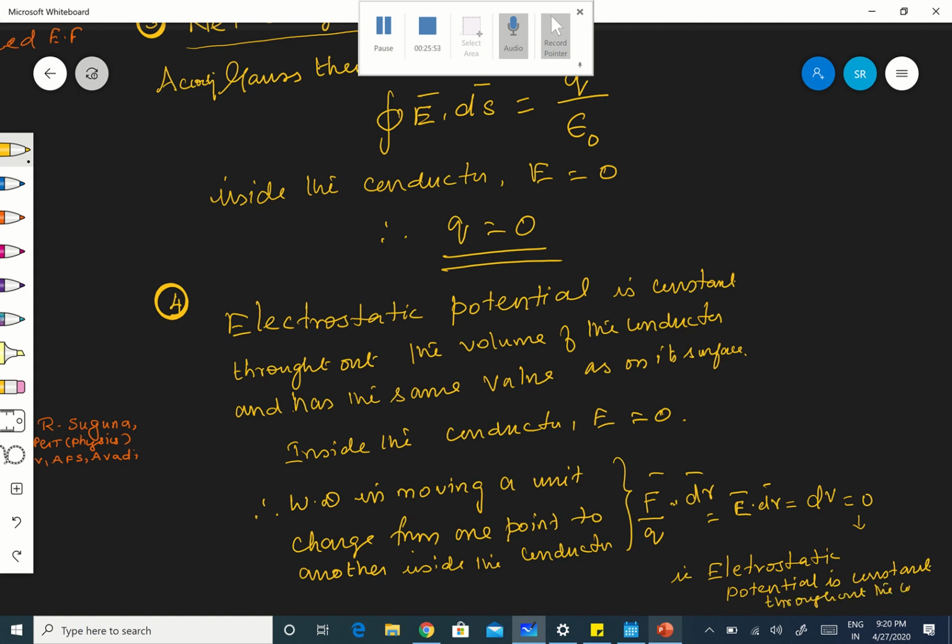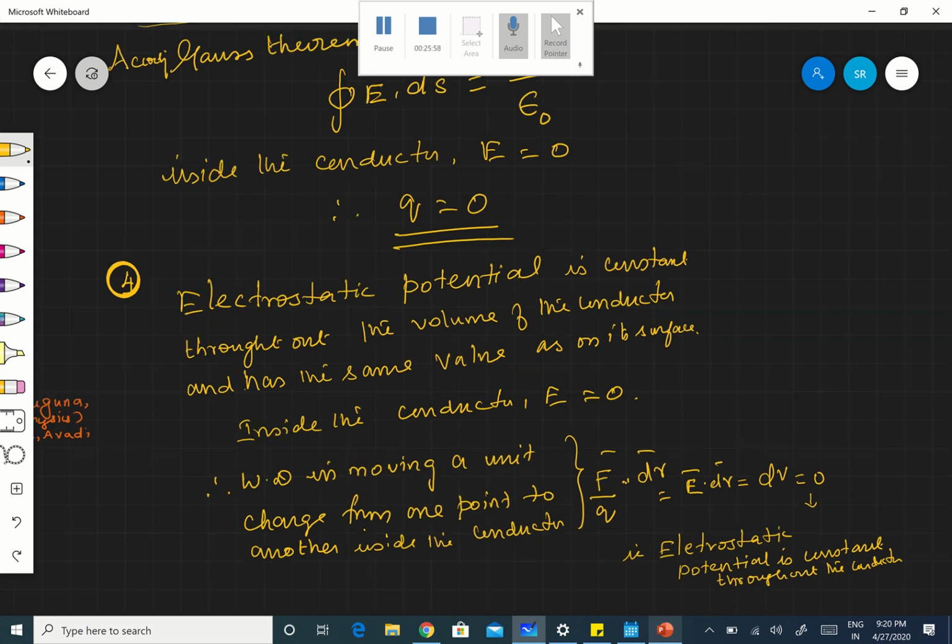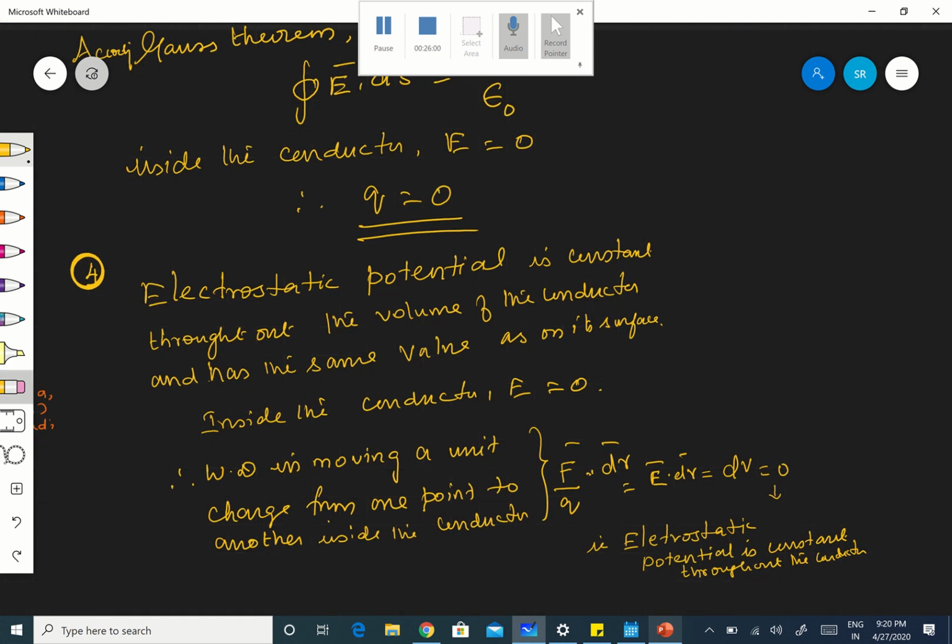Whether you are able to see, it is constant throughout the conductor.